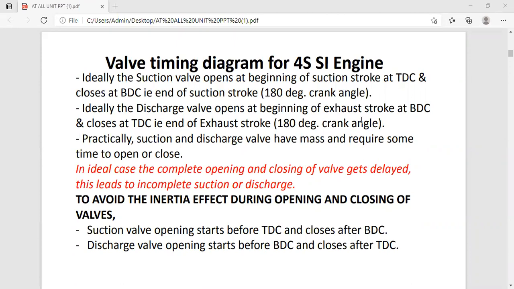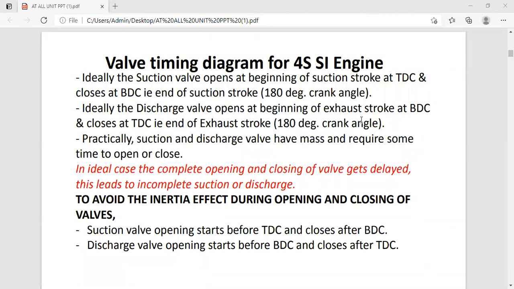We can also refer to the actual cycle when we plot the PV diagram. The valves need to be operated to meet the mechanical and dynamic requirements.